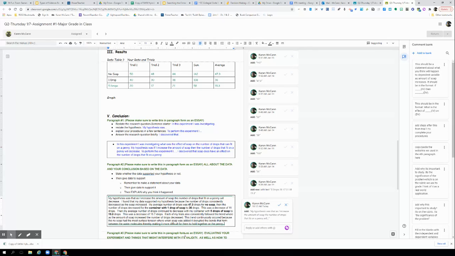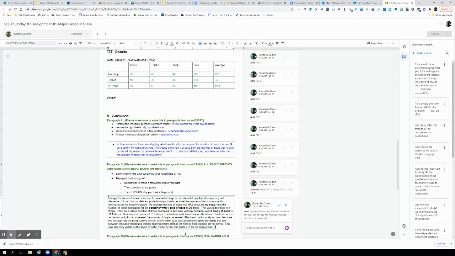Now, another advanced feature for those of you that can do it, if you can add some visual evidence to support what I just said, it's a good thing to add. And we did see this. This was also very visible as the dome of water on the penny was highest in the no soap group.